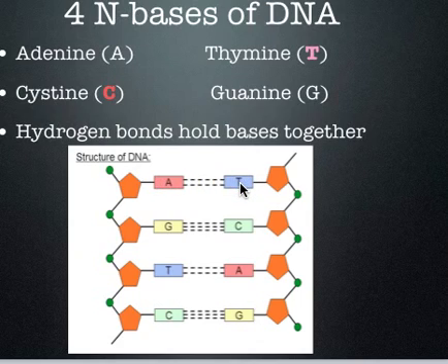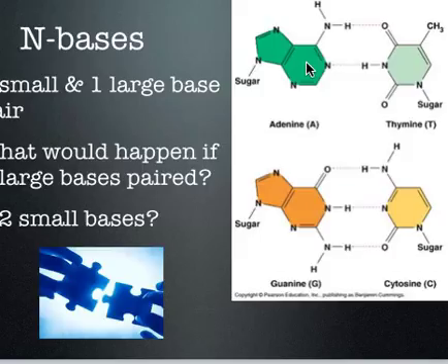If you put 2 long bases together, then the rung of this little ladder is going to be too long and the DNA molecule breaks because it's too long. If you put 2 short bases together, then the rung doesn't go all the way across and the DNA molecule buckles or folds inward. So by having a small base and a large base always bonding together, DNA reduces the number of errors that can be made every time a cell replicates its DNA. So the pieces have to fit together, just like this picture suggests.